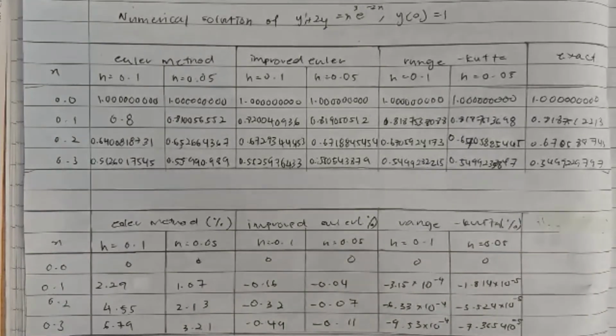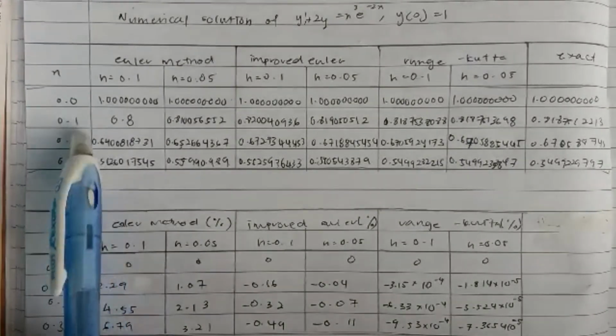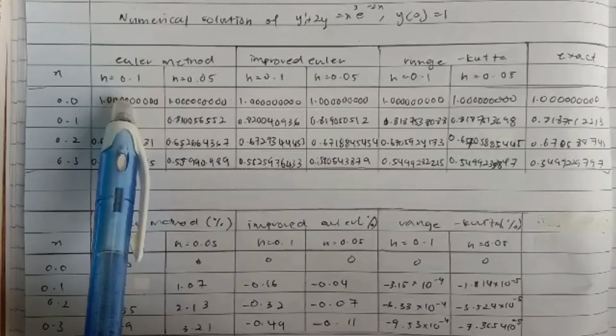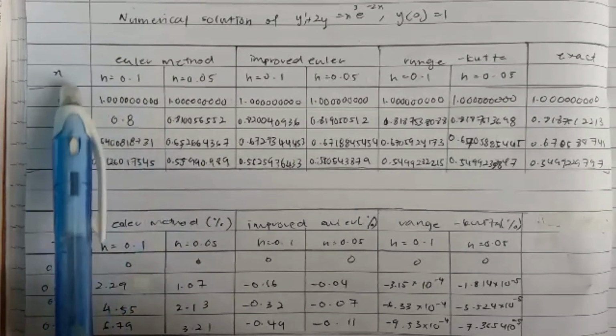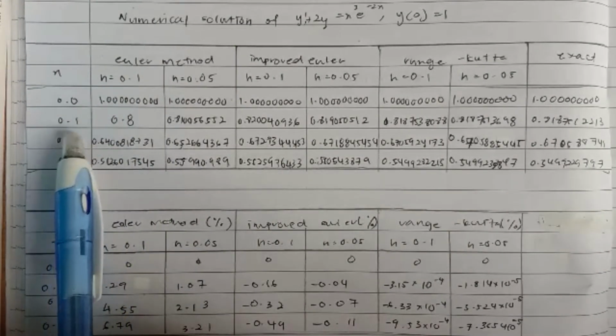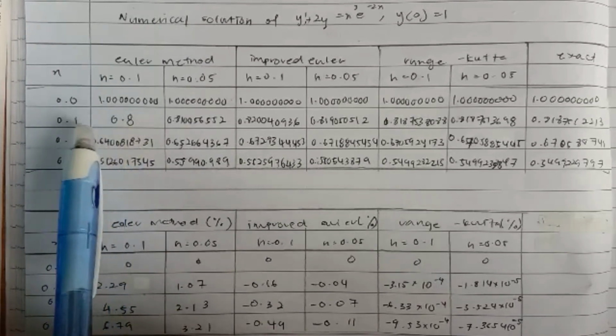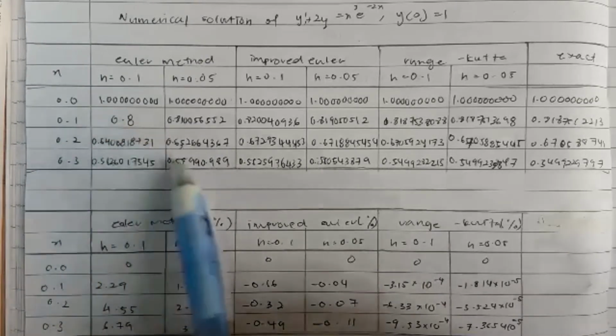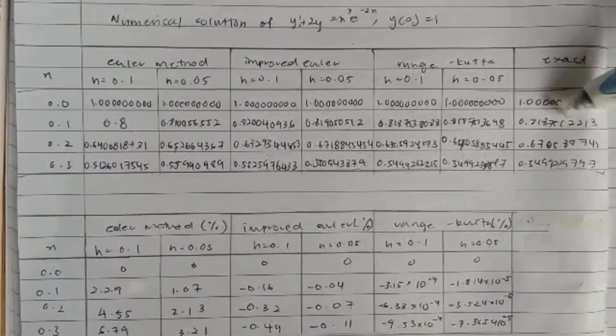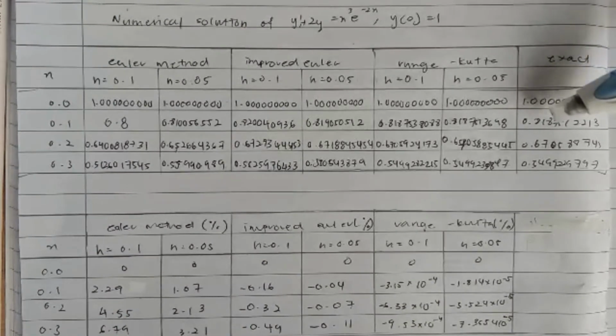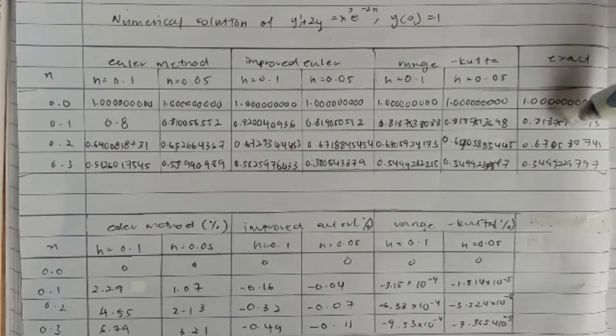So first off, we are going to look at the Euler method with h equal to 0.1. For x equal to 0.1, the value that we get here is 0.8 compared to the exact value, which is 0.818751 and so on.